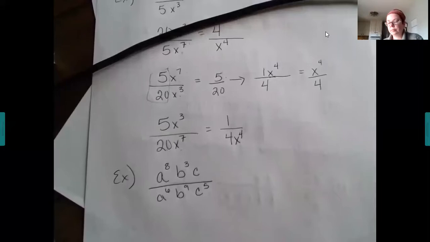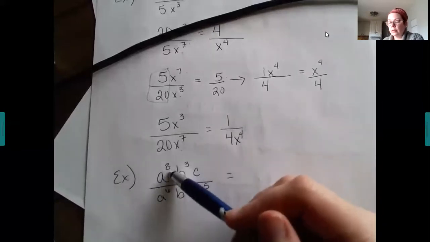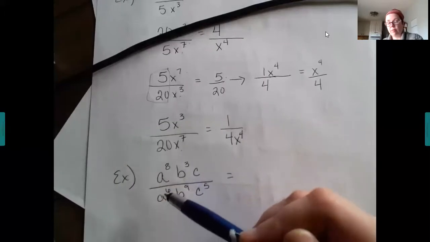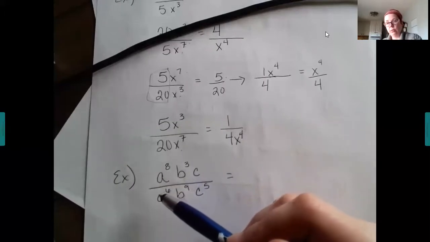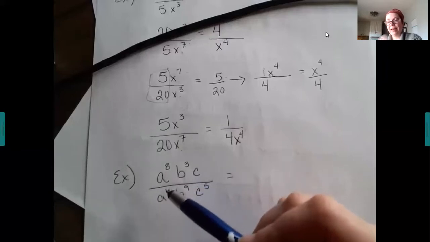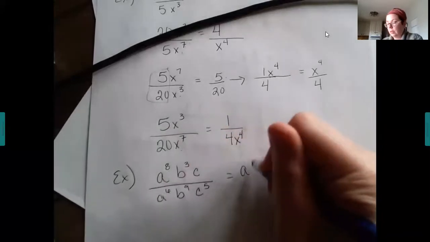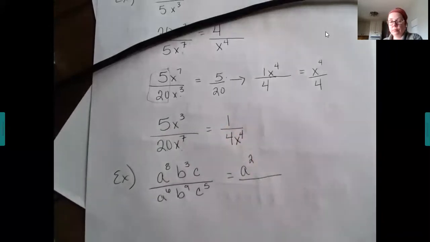So let's look at this. We have A, B's, and C's. A's go with A's, B's go with B's, C's go with C's. Okay? And you take it each individually as they are. So here, when we look at the A's, I have 8 A's on top and 6 A's on bottom. I have more A's on top than I do on bottom. So when I subtract, I'm going to get a positive 2. So my A's are going to stay up on top. 8 minus 6 is 2.